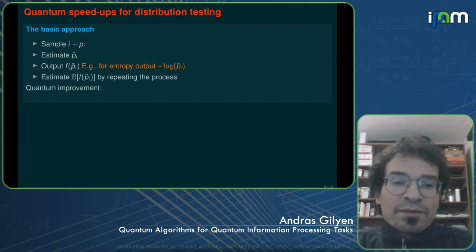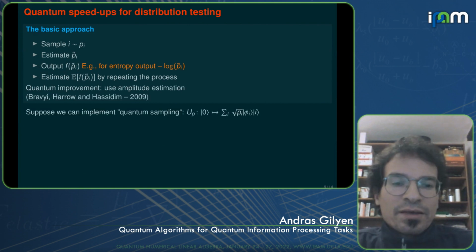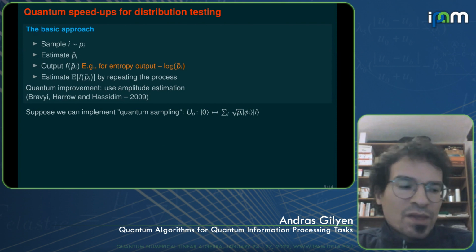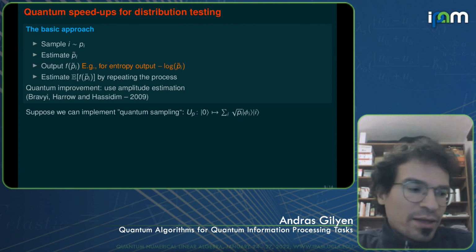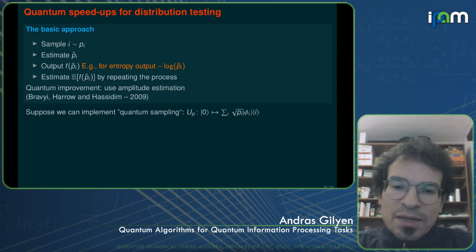And the quantum improvement that is possible upon this, which was observed by Brassard, Hoyer, and Tapp in 2009, is that you can use amplitude estimation to estimate this probability Pi tilde in the second step, basically quadratically better than classically. And for this, what you need to assume is that you have a unitary which somehow prepares a sample from this distribution.